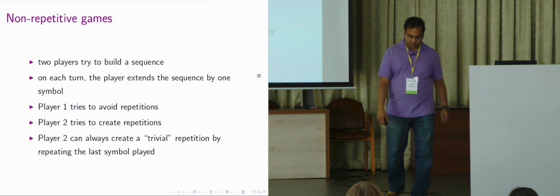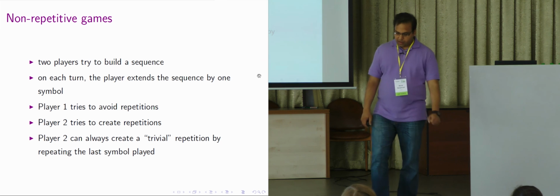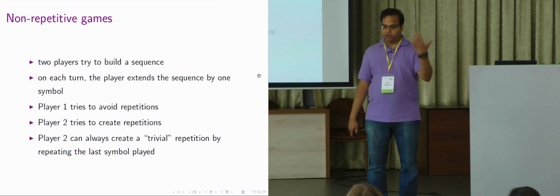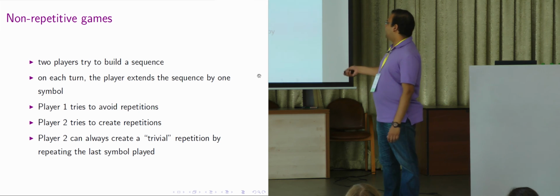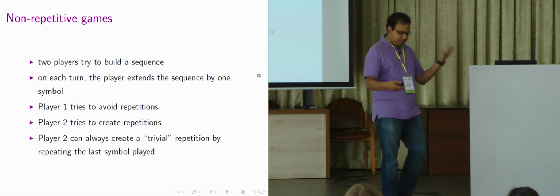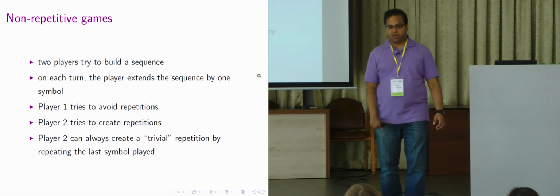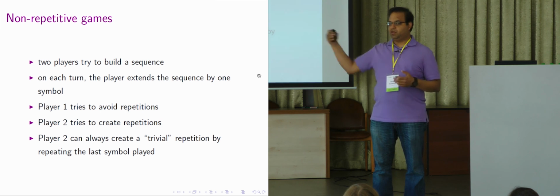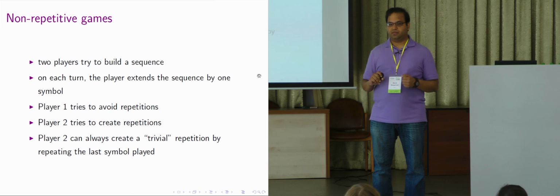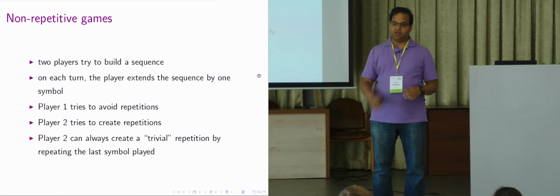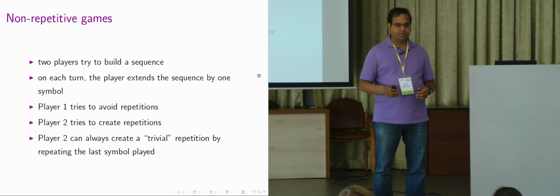Okay, here's another example. This is some kind of online generation of square-free words. It's formulated as a two-player game where the two players build some infinite sequence, and player one would like to build a square-free sequence. His goal is to avoid squares, and player two's goal is to create squares.